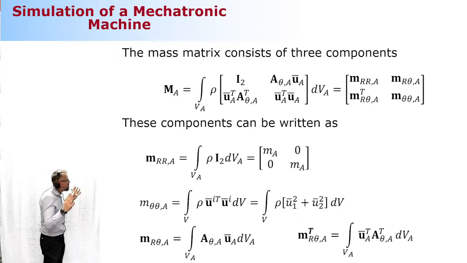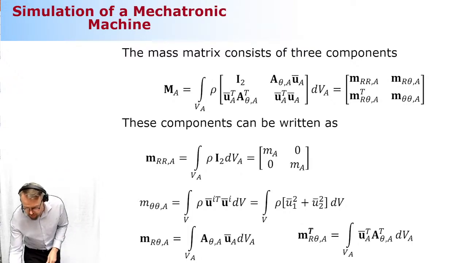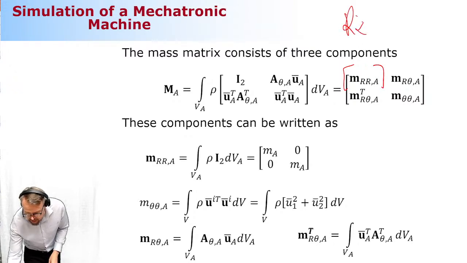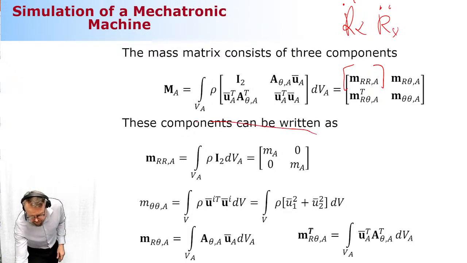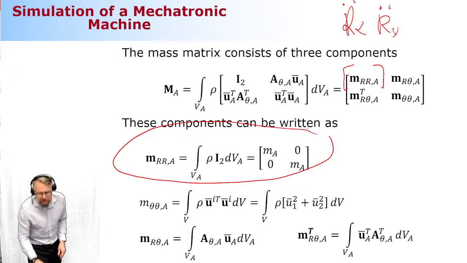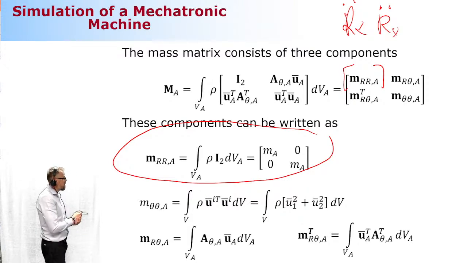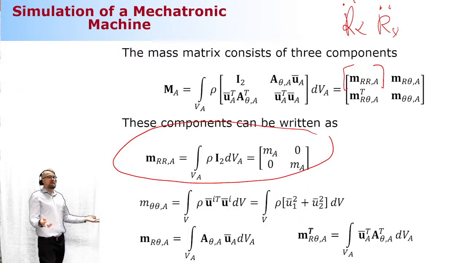Okay, how does that look? This is a 3 by 3 matrix that consists of a 2 by 2 submatrix associated to Rx dot dot, Ry dot dot. When you take a close look, that's going to be the identity matrix times the volume integral of the density of the body. What is that?